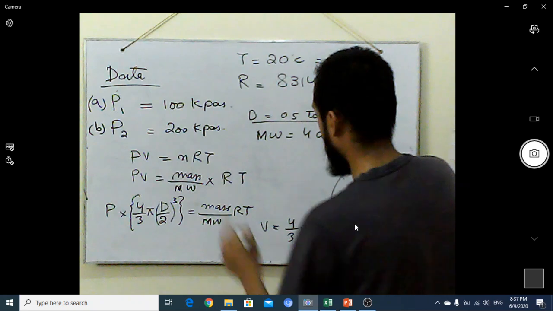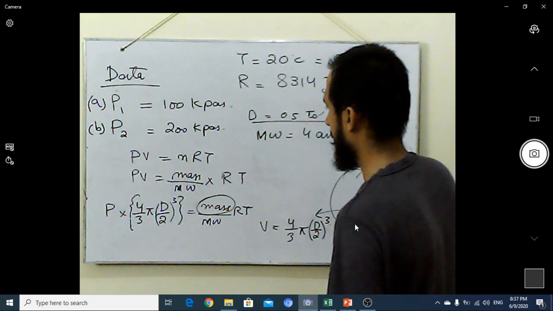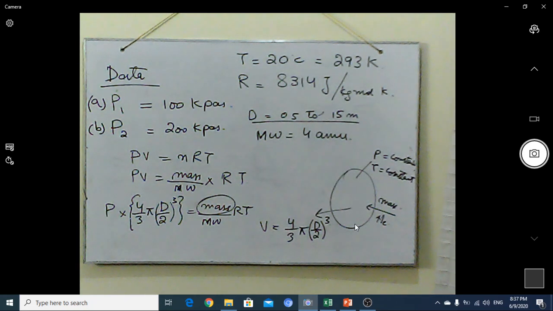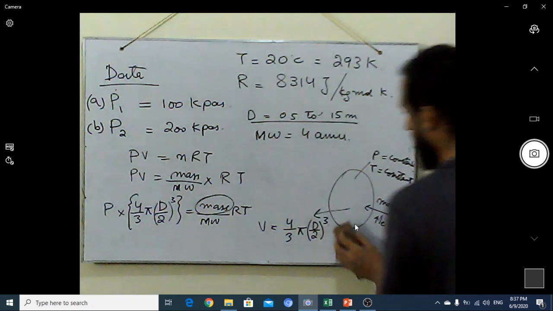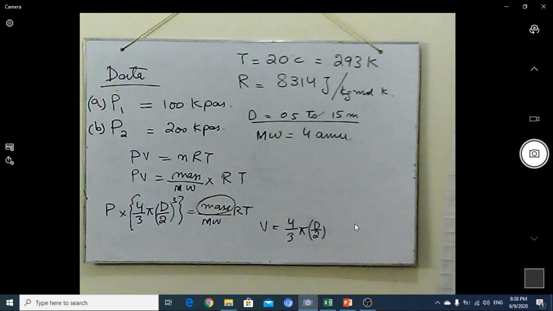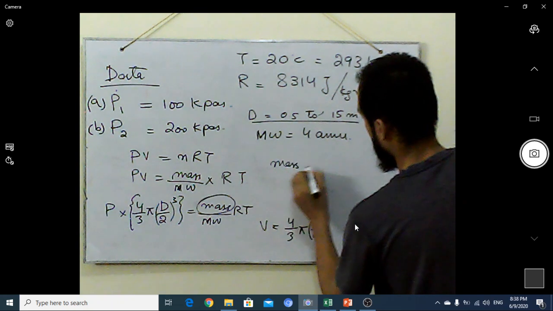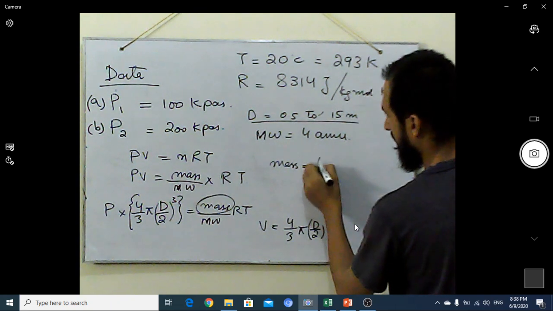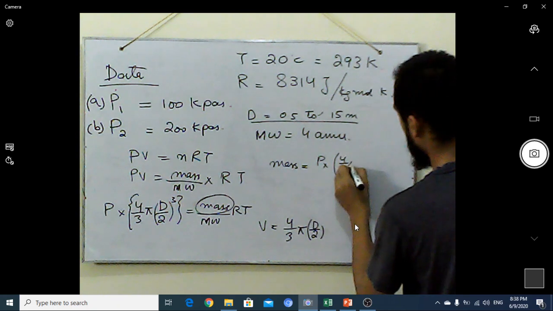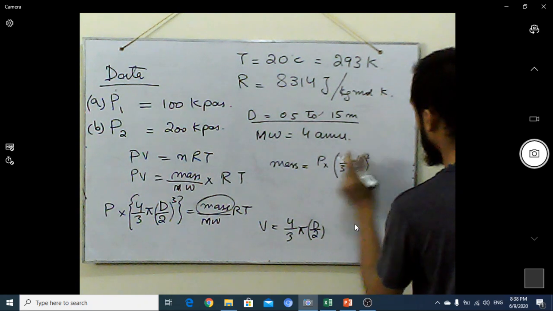So we require mass. What will be the reduced formula for mass? The mass of helium will be equal to the pressure times 4/3 pi, d/2 whole cubed, bracket close.